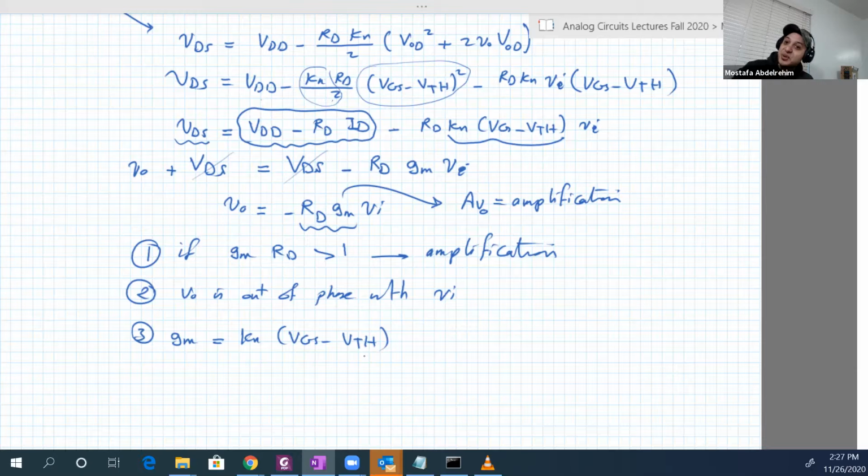But it's again the transconductance. So this is the transconductance. So remember, GM in the BJT transistor was IC over VT. So here is also our GM.